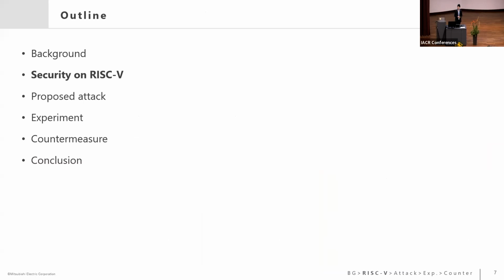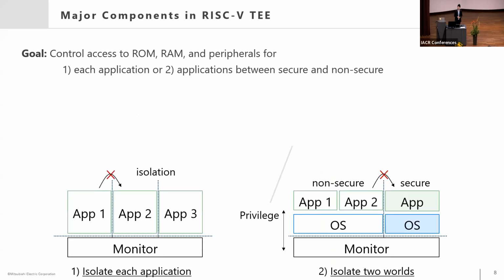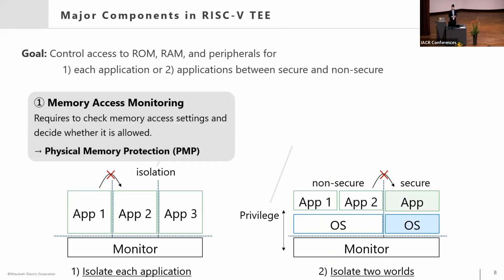First, I'll explain the security on RISC-V. I'll present the major components comprising RISC-V-based TEEs. TEEs aim to control access to ROM, RAM, and peripherals for each application, or applications between secure and non-secure areas. For this purpose, memory access must be monitored. It is required to check memory access settings and decide whether it is allowed. A hardware unit called Physical Memory Protection, or PMP, handles this.